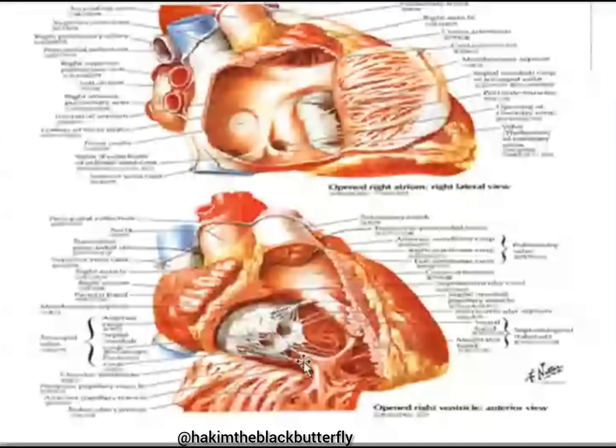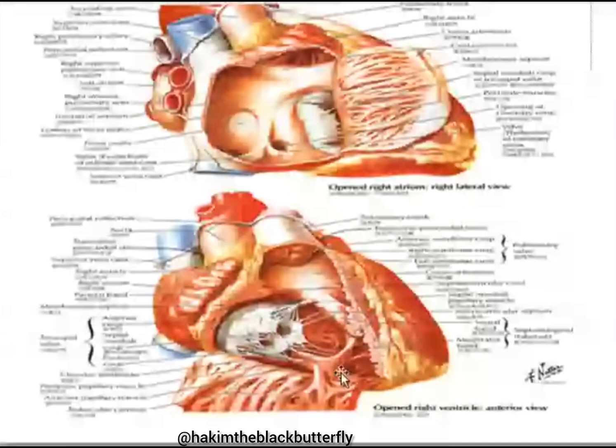And this moderator band is only located in the right ventricle, and it is one of the distinguishing features between the right and the left ventricle. The moderator band is between the interventricular septum and the anterior papillary muscle on the right.